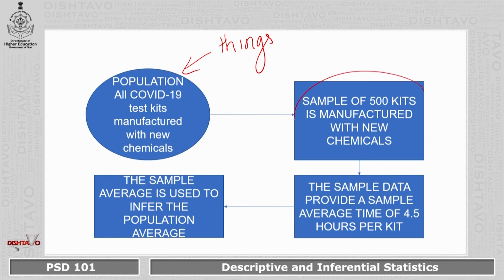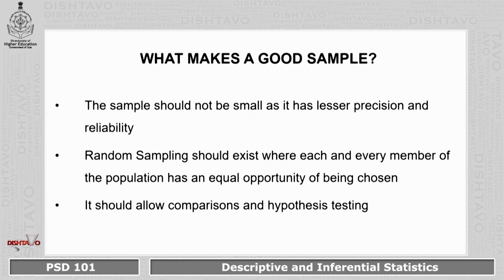So I take a sample of 500 kits, look at the average time taken to manufacture them, and realize it's 4.5 hours per kit. Then I can generalize this to the millions of kits that my factory will be preparing. So this is yet another example.